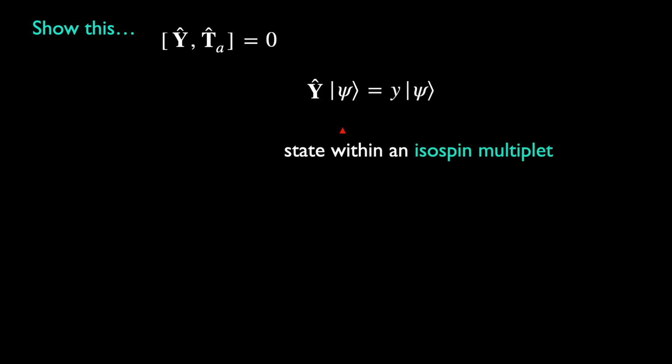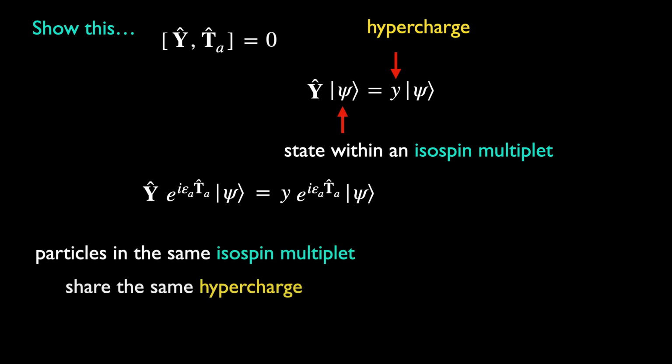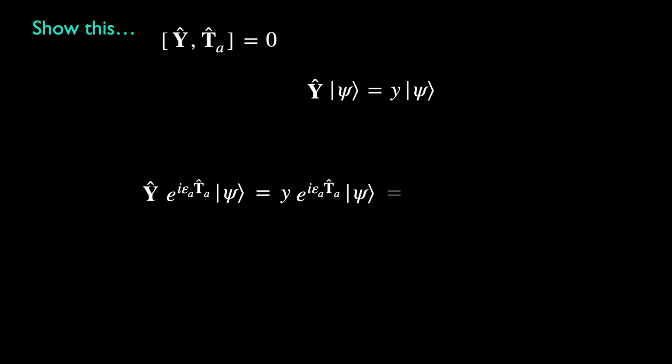Let's show this explicitly. Psi is any state within an isospin multiplet and has a hypercharge of Y. The hypercharge of the state from an arbitrary isospin transformation on psi is also Y. Since this state must remain within the multiplet, and all states within the multiplet must share the same hypercharge, this value Y can be replaced by the action of the operator Y hat on psi.